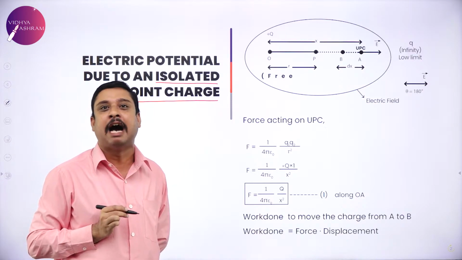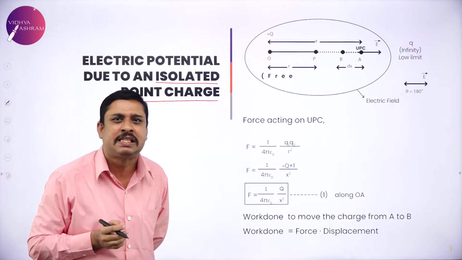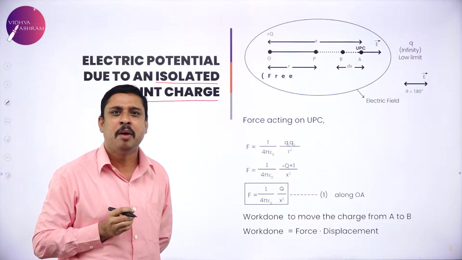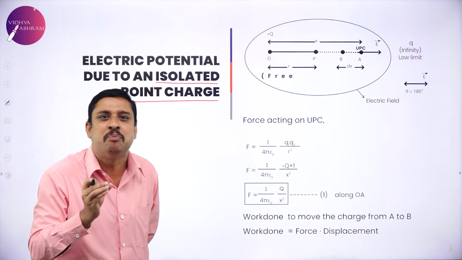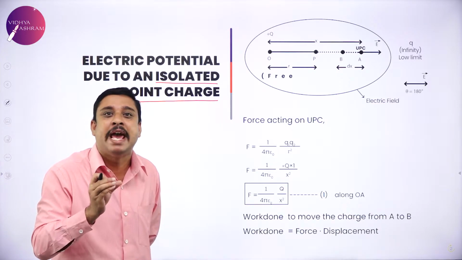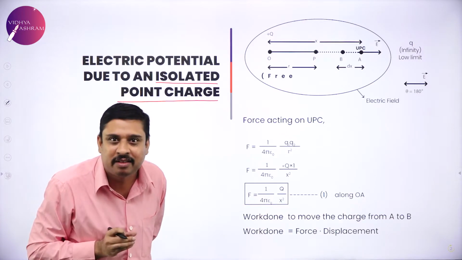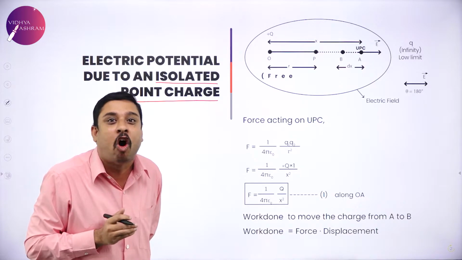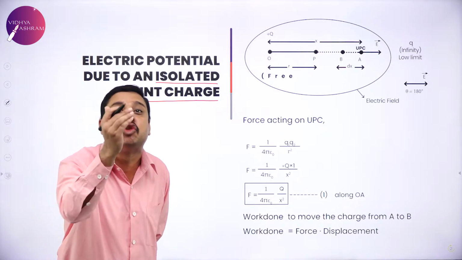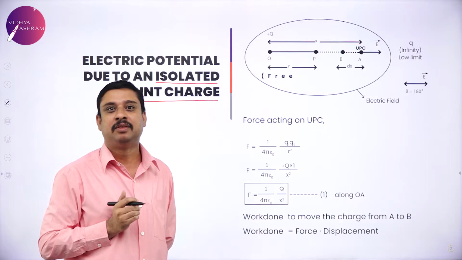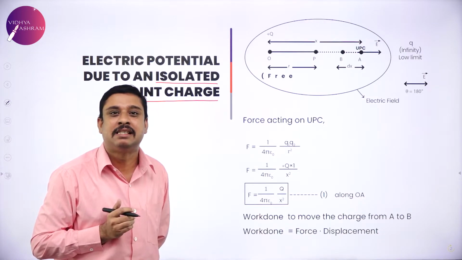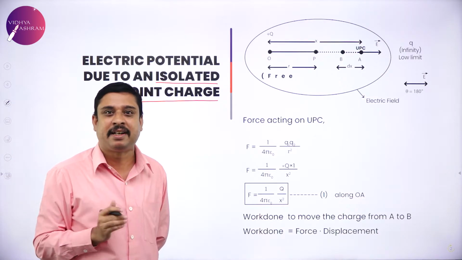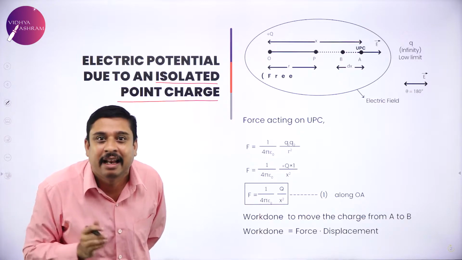In our previous discussions we saw that a point is something which is very, very small. Then what is the meaning of the term isolated? It means separate, single.